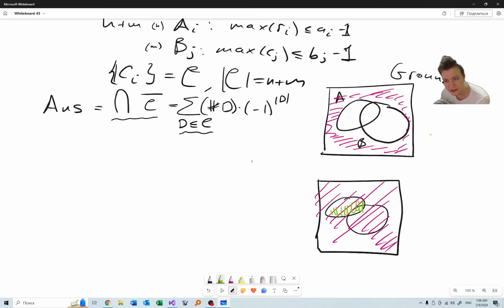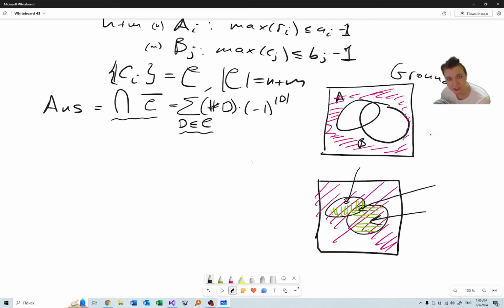Then we calculate another one with also sign minus. And see how these cancel out, but this is with sign minus because we added it once but subtracted it twice.